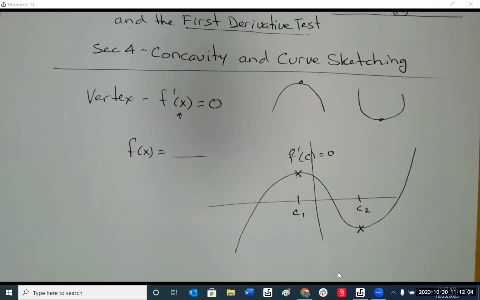You would have your interval. So you would have C1. We look at all of these open intervals. So to the left of C1 in this graph, what would we expect to find?